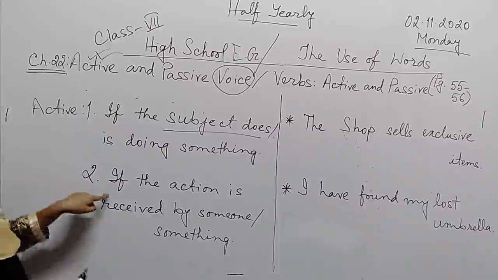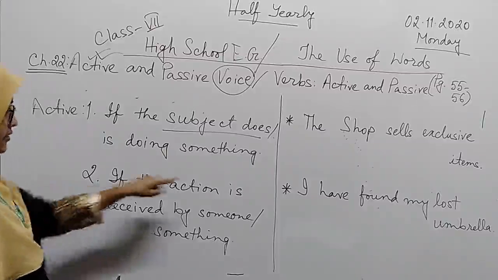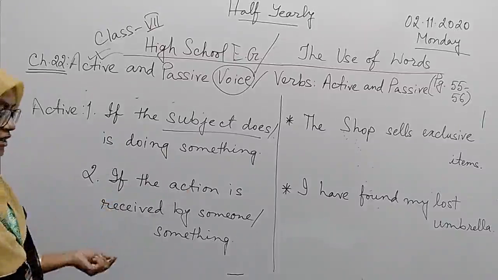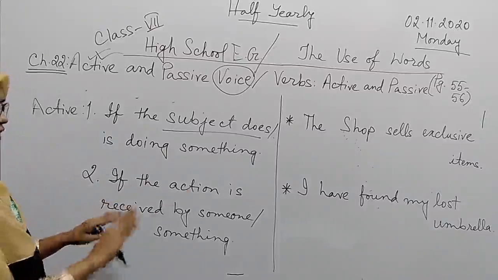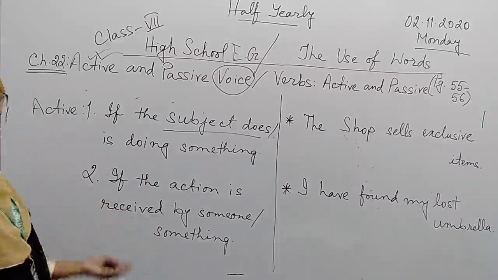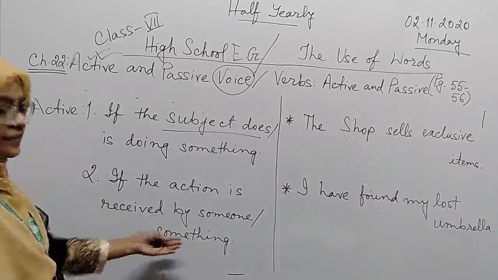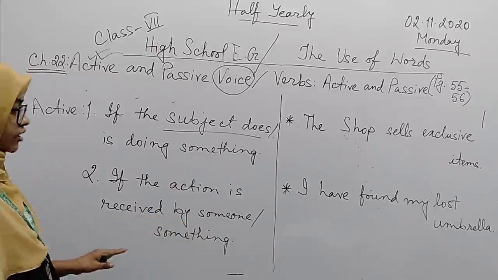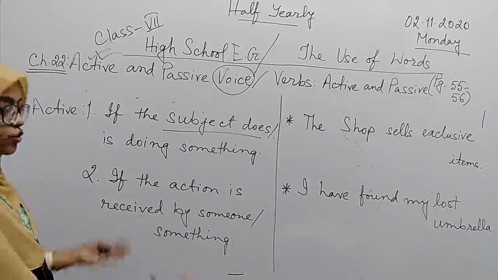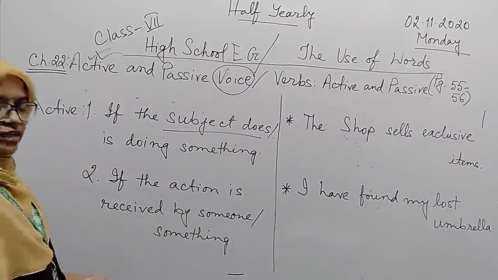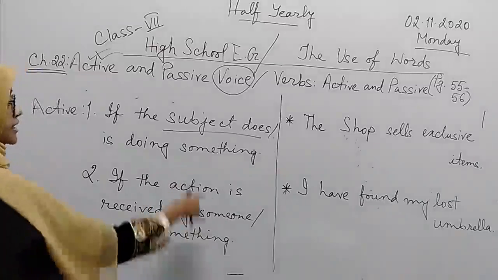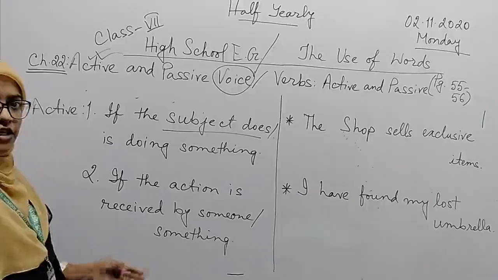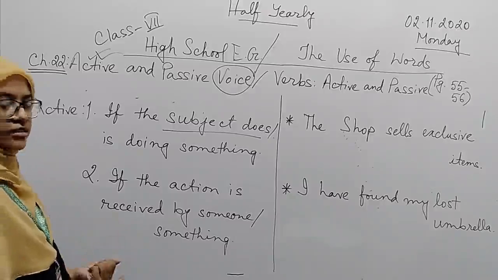In the second thing that we explained, if the action is received by someone or something, there is no subject which does something actively, is there? In this explanation, there is no one or nothing doing something actively, right? What is happening here is someone or something receives the action.